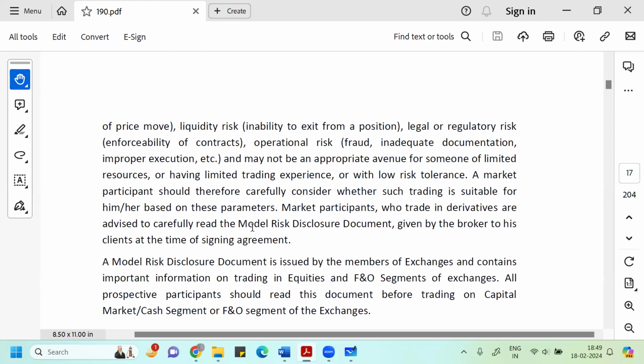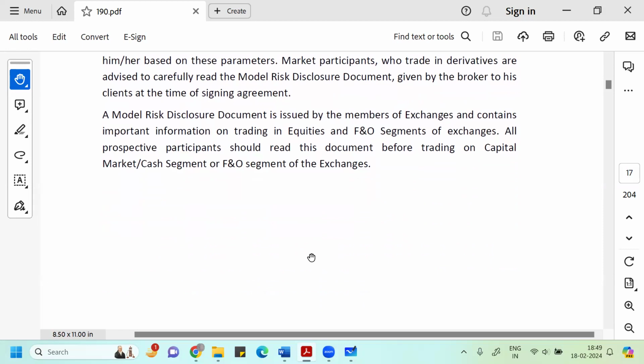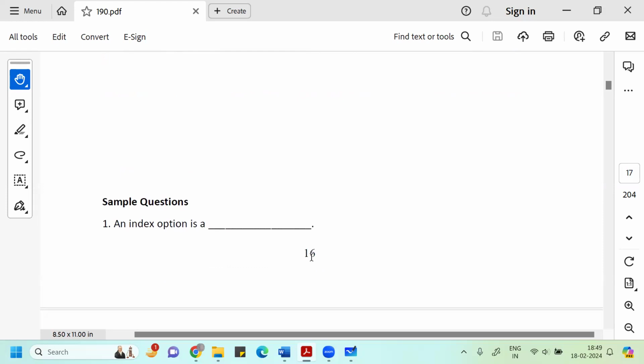Understanding the risk disclosure document is also very important, so that all participants have an idea about the amount of risk they are exposing themselves to whenever they participate in the derivative market. So this much is there to discuss in the first chapter.